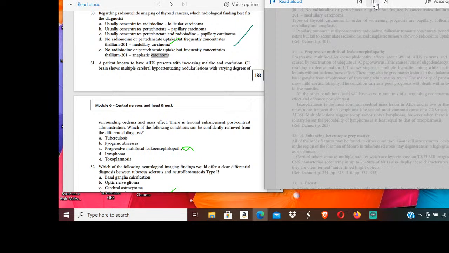The answer is D. No radioiodine or pertechnetate uptake but frequently concentrates thallium-201: medullary carcinoma.